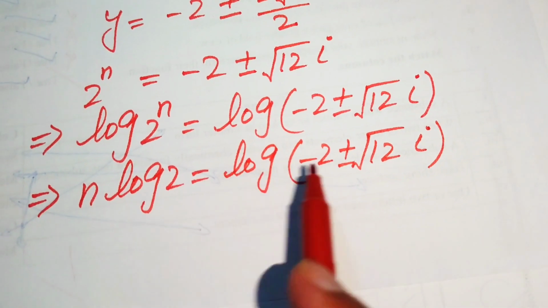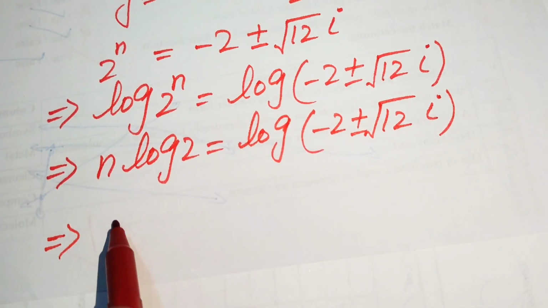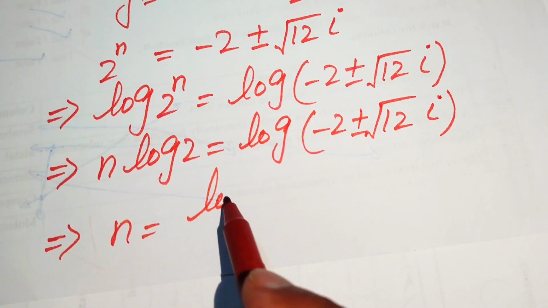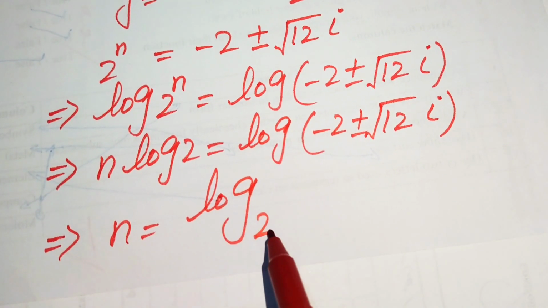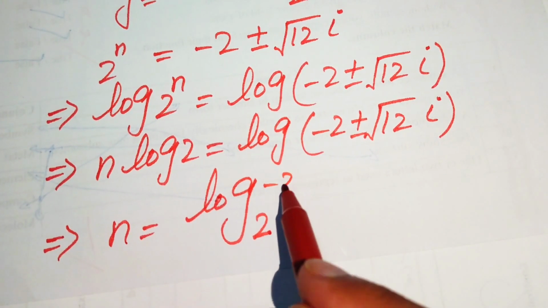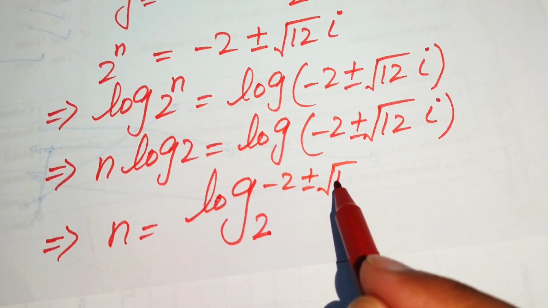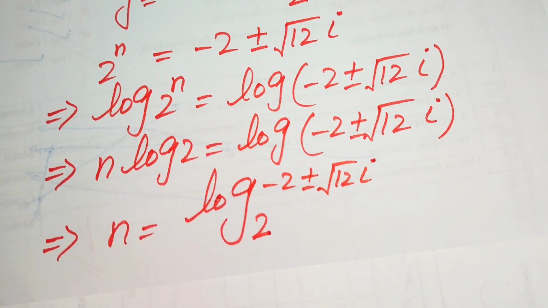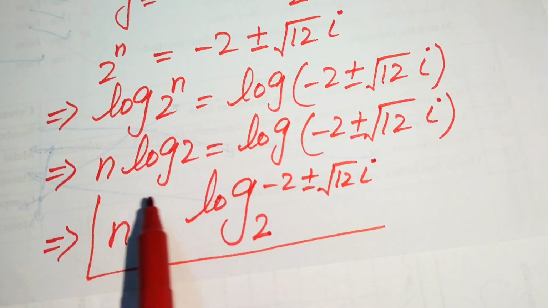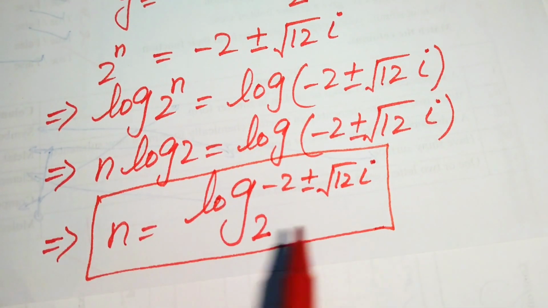So here we move this log 2 to the right hand side, and it is written as n equals to log base 2 of minus 2 plus minus square root of 12 into iota. So these are the two complex roots of the given equation, and this is the final answer.